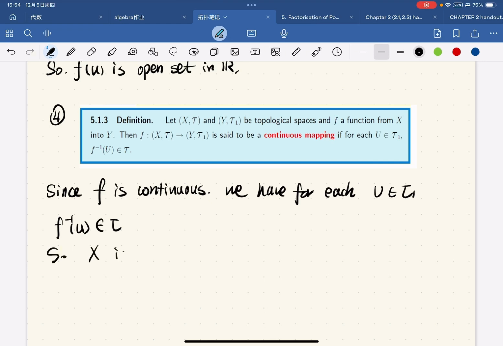So X is homeomorphic to R. Okay, thank you for listening.